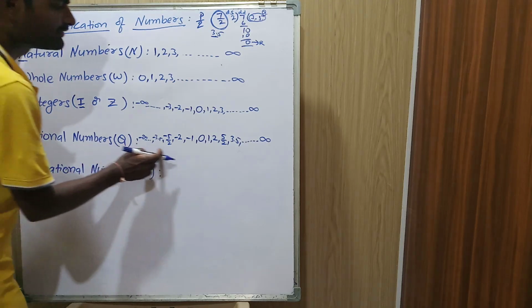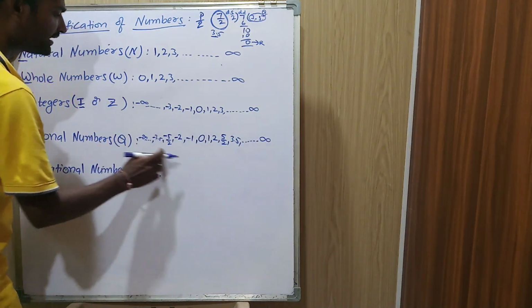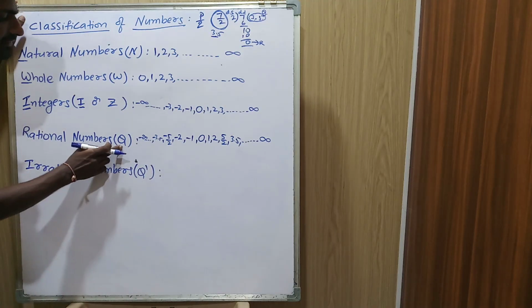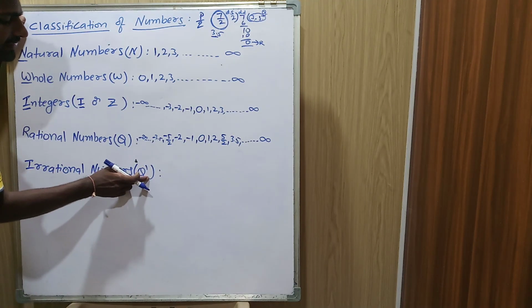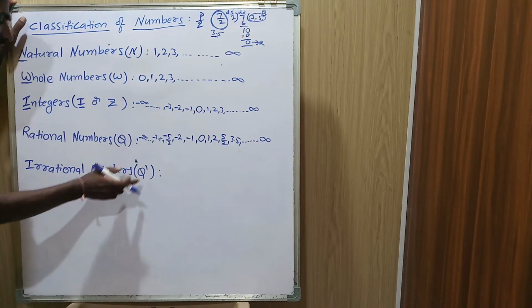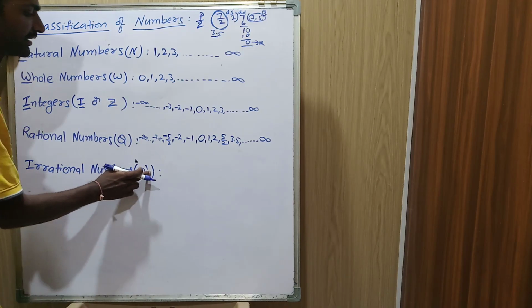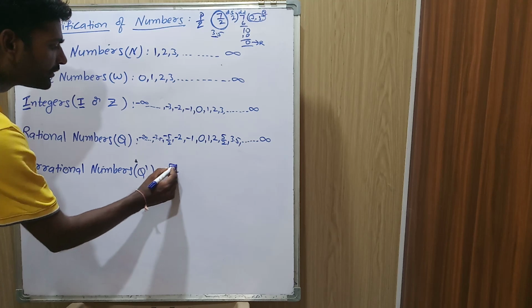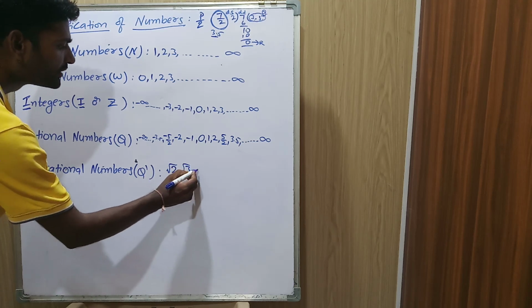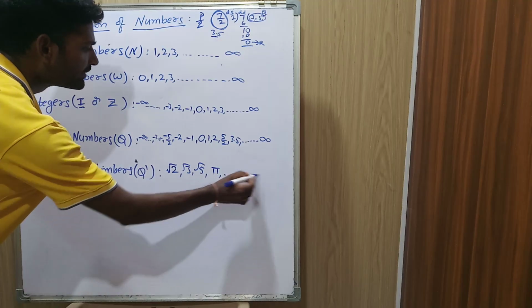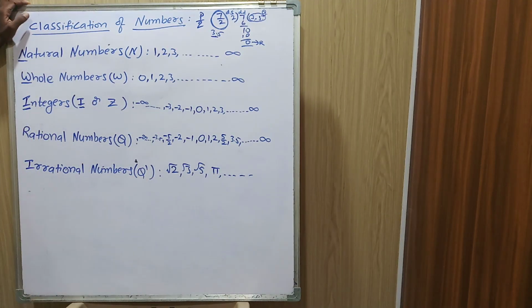That means the numbers which are not included in the rational numbers are called irrational numbers. So that's why its complement is Q dash. If rational numbers are denoted by Q, then its complement, irrational numbers, are denoted by Q dash. For example, root 2, root 3, root 5, pi, and so on. These are the irrational numbers.